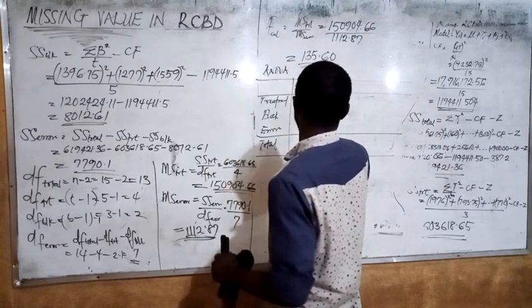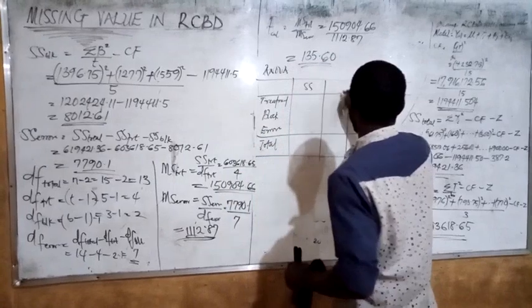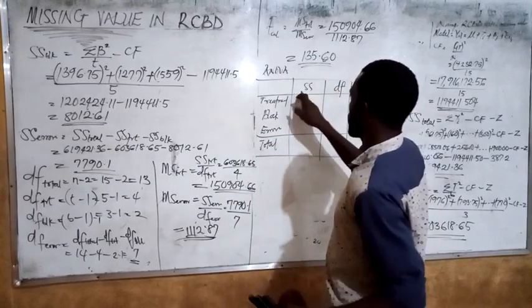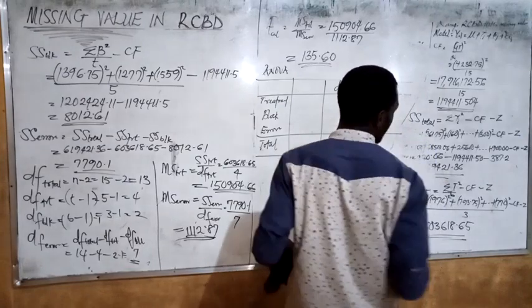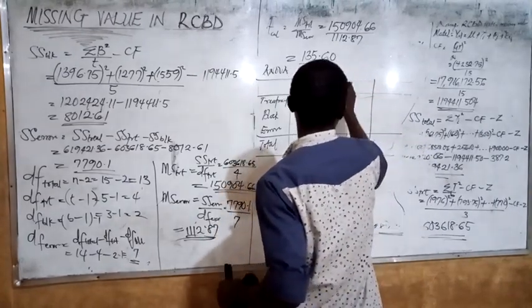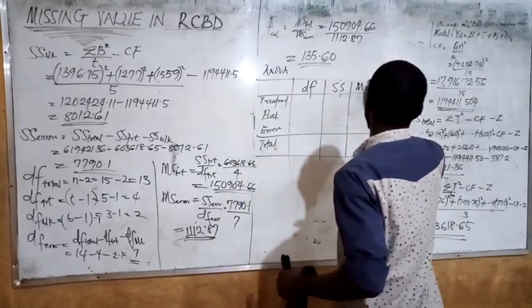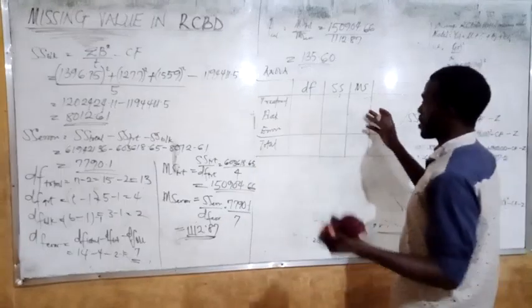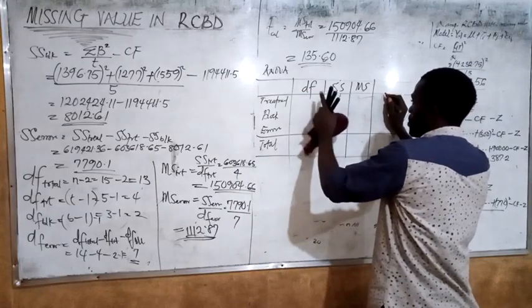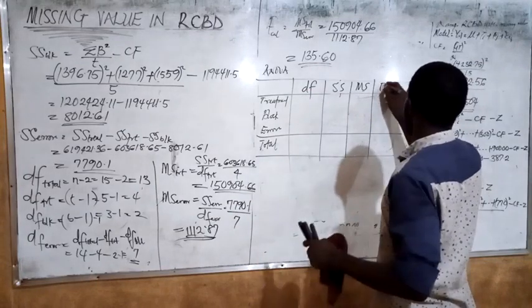Here will be SS, here will be DF. It's usually DF first, then SS, then MS. Either way you do it, you are correct, whether SS first or DF first. The major thing is you are dividing this by this in our F cal.